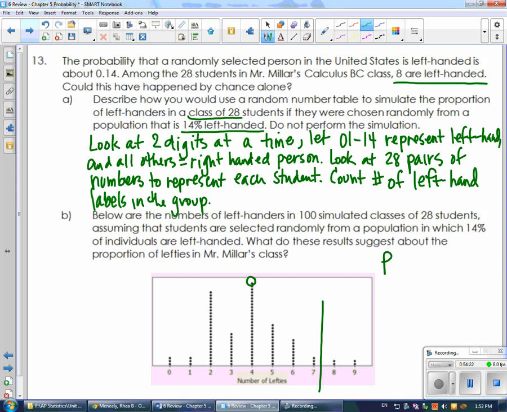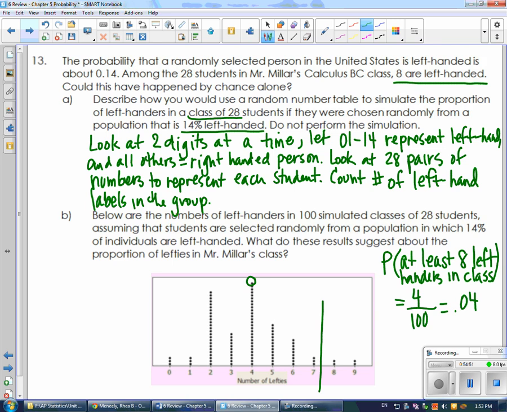So the probability of having at least 8 left-handed students in a group of 28, in the class. And this happened 4 times out of, we know there were 100 trials. So that's 4% of the time.